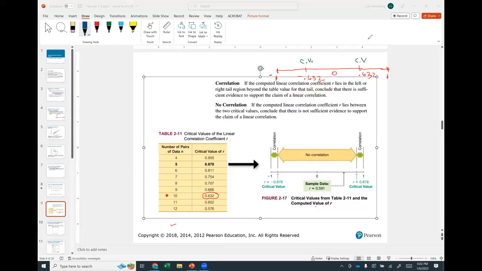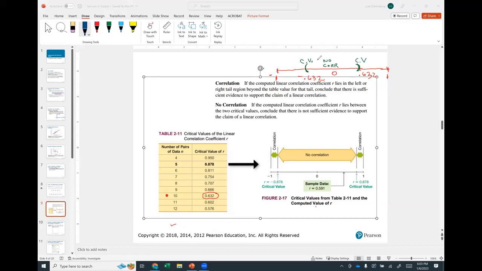If my R is between those two critical values, we can see that there is no correlation. That means it could just happen randomly. There are things that happen randomly that are like a coincidence. We do have things that are called coincidences.